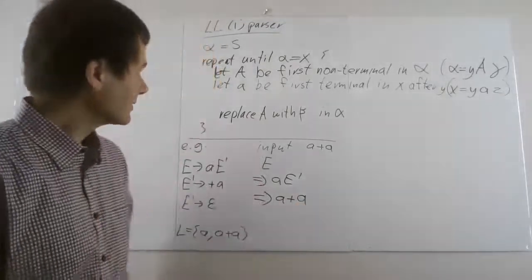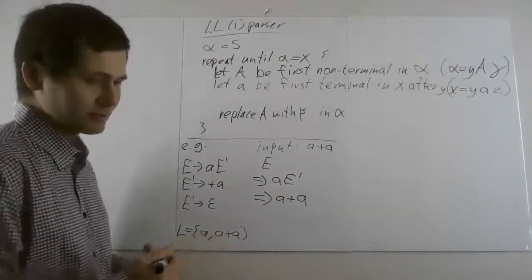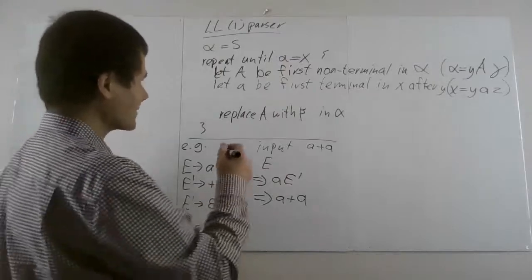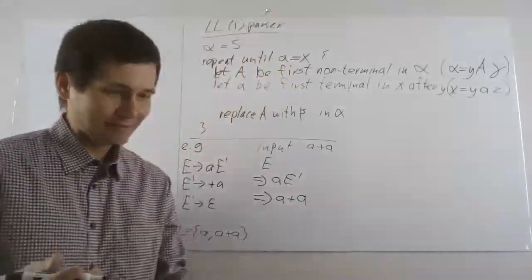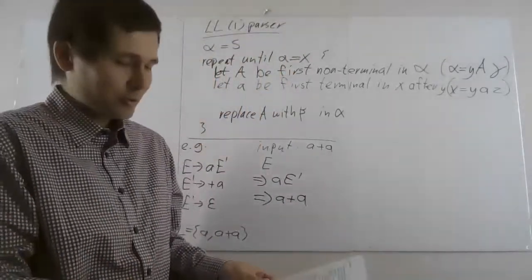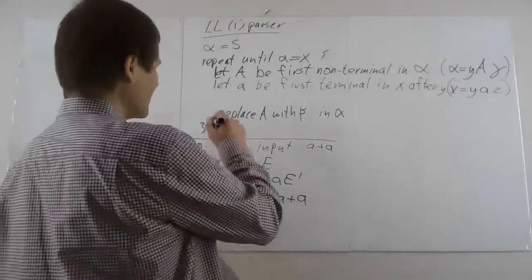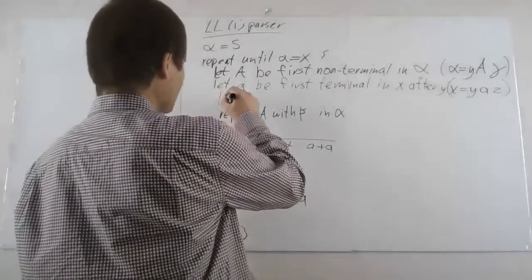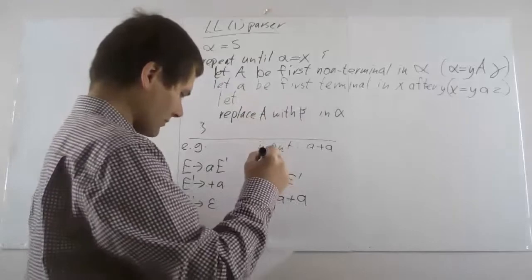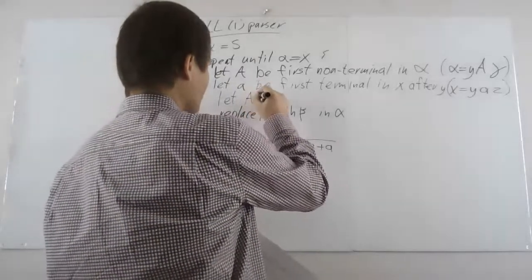Now I'm going to assume I have a magic function, or really any function you could possibly implement, that is going to tell me what production rule to use.